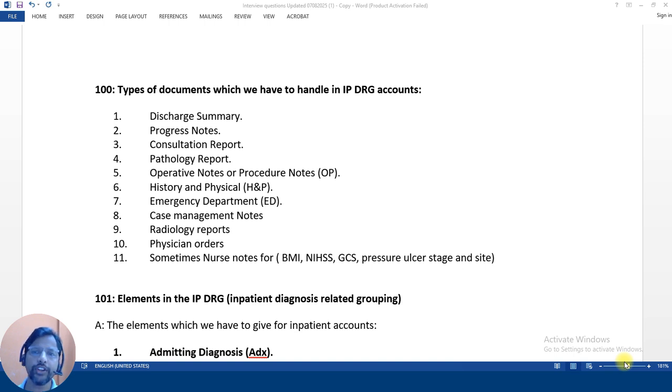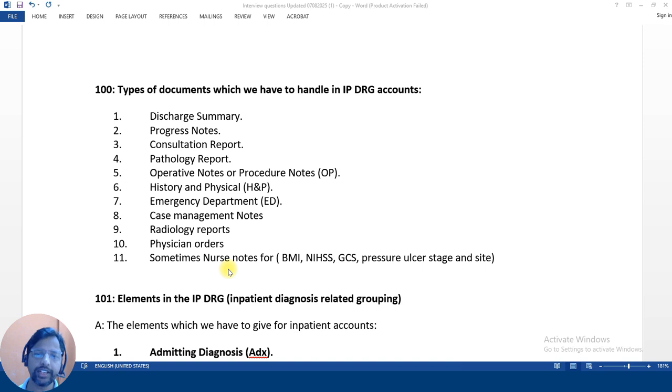Whenever you want to code IPDRG charts, you need the discharge summary, where the complete patient encounter is included, progress notes, where you get the patient's status day by day, and consultation reports, pathology reports, operative notes or procedure notes if the patient underwent any procedures, history and physical, emergency department documents, case management notes, radiology reports, and physician orders.